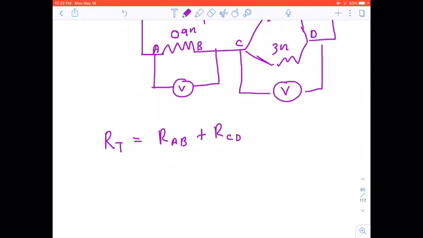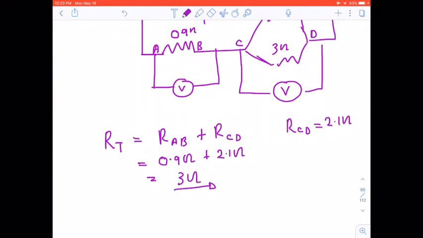But what is R across AB? We know it's 9 ohms. What is R across CD? We have dealt with that. It's 2.1 ohms, which means 9 ohms plus 2.1 ohms, which gives me 3 ohms. So that is the total resistance of this particular circuit.